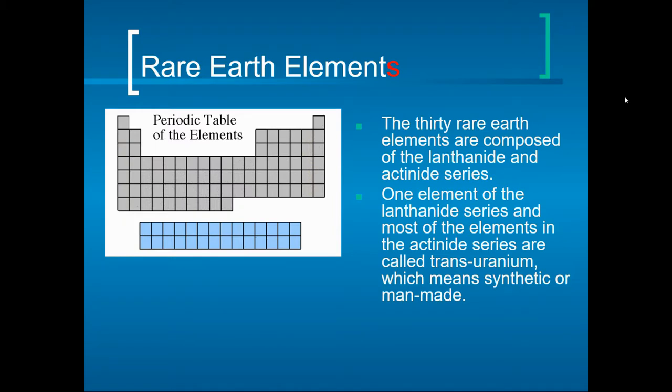Neodymium is a very strong magnet which drives cell phones, computers, laptops, also used in other types of fishing enterprises to keep certain fish away from fishing hooks. So it's extremely important, especially with technology advancements that are happening.